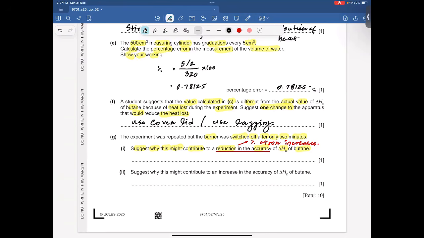So it increases the percentage error. Suggest why this might contribute to an increase in the accuracy of delta Hc of butane. Less heat is given off into the surroundings, or less heat loss.